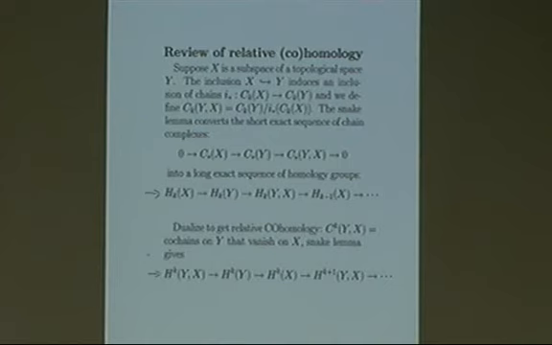And you do all the things that you teach beginning graduate students about homology, and you can dualize everything and get, say, relative cochain complexes, or dual to the relative chains, and that's cochains on y that vanish on x, and you can write down the analogous short exact sequence of cochain complexes, and you can apply the snake lemma to that, and you get a long exact sequence of relative cohomology. Okay, let's move on.